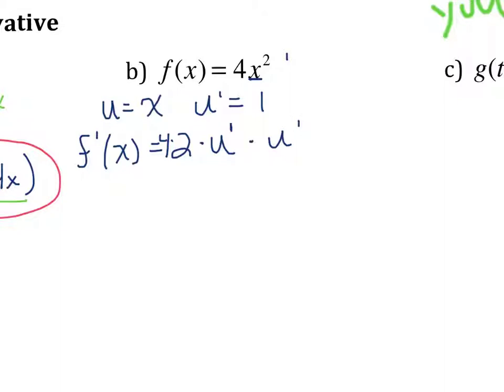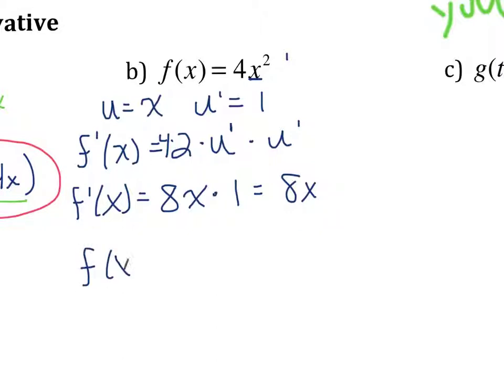Oh, I forgot the 4, there's a 4 here. So substituting everything, f prime of x equals 4 times 2, which is 8, times u to the 1st, times u prime, which is 1. So I would get 8x, which is the exact same thing we did before with the power rule.